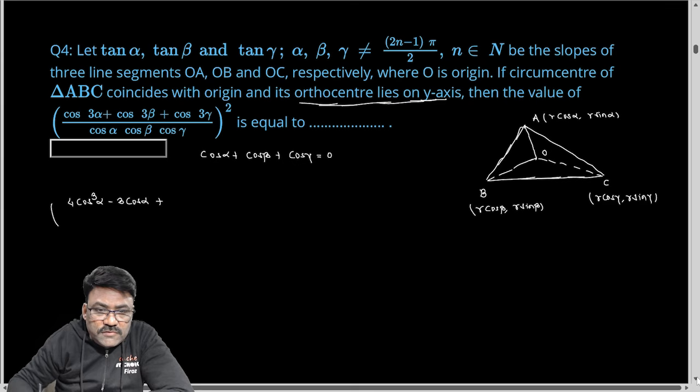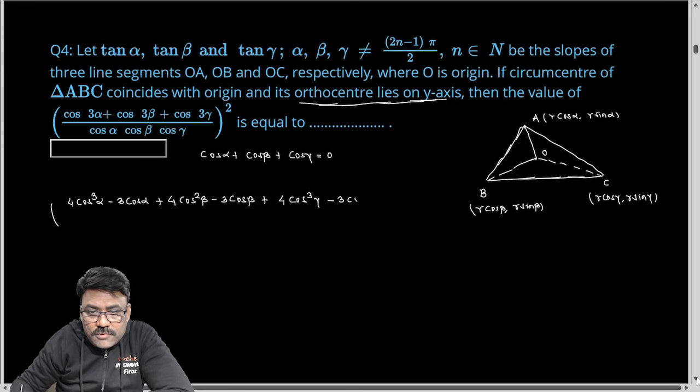Similarly, cos 3 beta as 4 cos cube beta minus 3 cos beta, and cos 3 gamma as 4 cos cube gamma minus 3 cos gamma. And this whole thing is divided by cos alpha cos beta cos gamma, whole square.